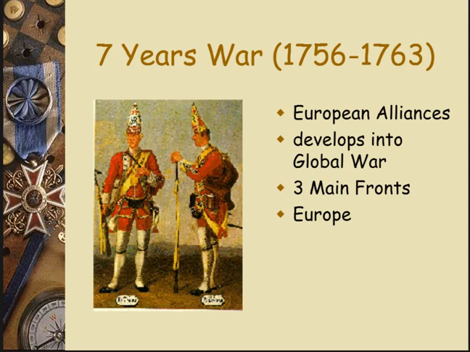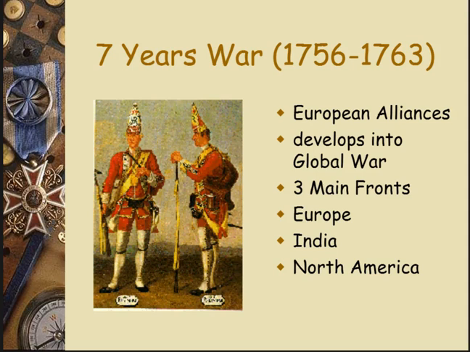Anyway, there are 3 main fronts. What are they? Well, we know about North America, because we're here in North America, right? So we've heard about the French and Indian War. That's the part of the 7 Years' War in North America. The French fighting the British and the Native Americans, getting involved on both sides.